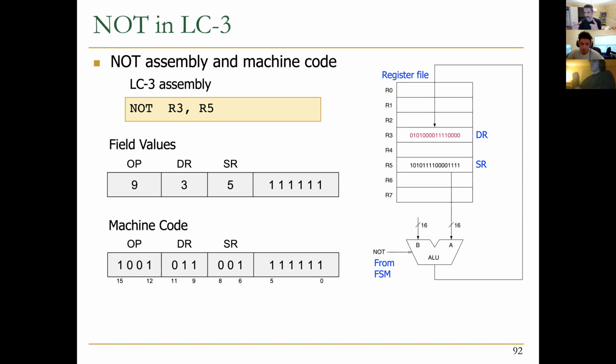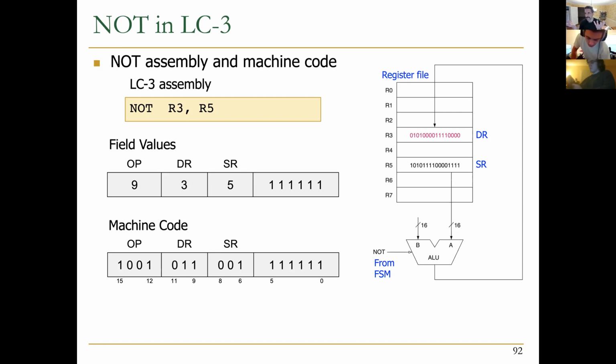And the logic gates for NOT are located in the arithmetic logic unit. Obviously, the ALU implements some other logic gates too; NOT is one of them. You need to tell the ALU that you want to execute NOT.